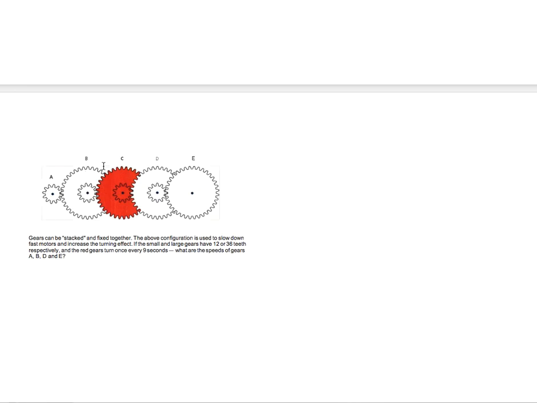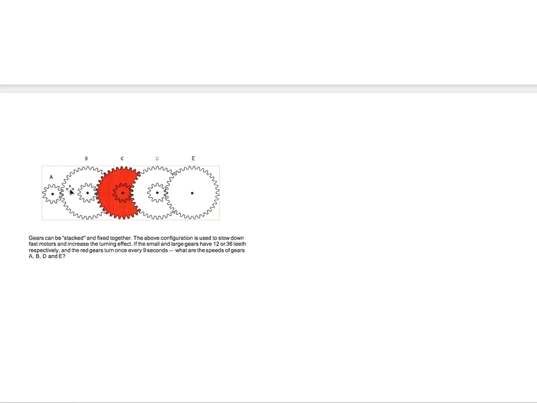So, C turns once every 9 seconds. Let's go back this way and work this out. So, if that turns once every 9 seconds, so does that, of course, then this being a third of the size, having a third of the number of teeth, is going to turn 3 times faster. So B is turning once every 3 seconds.